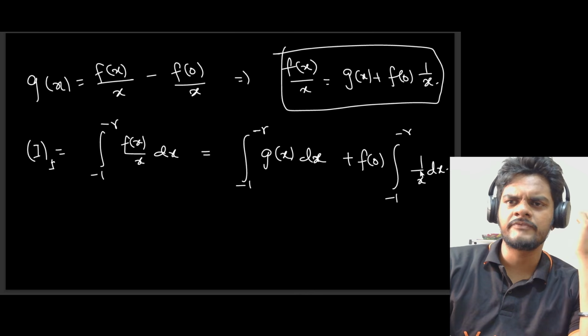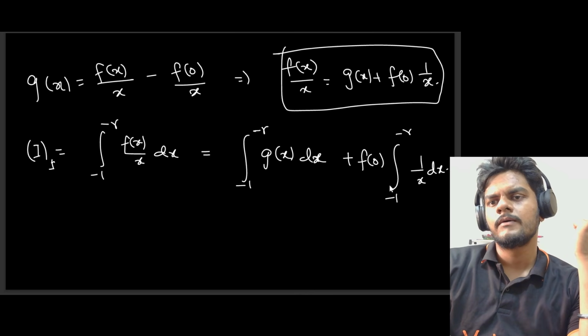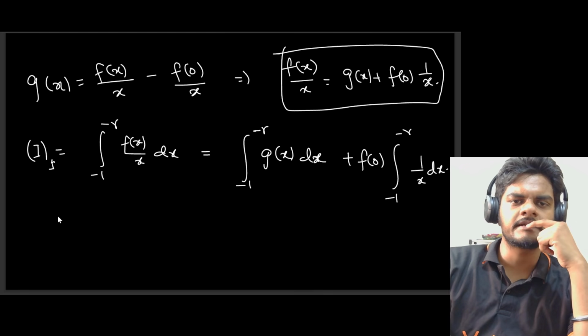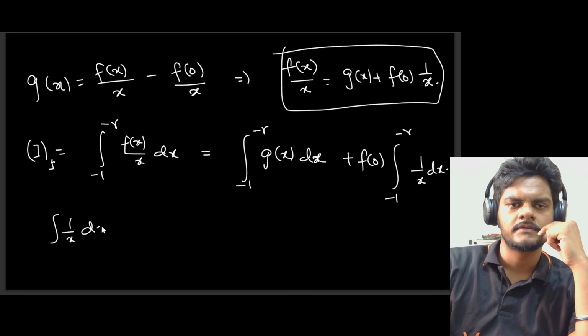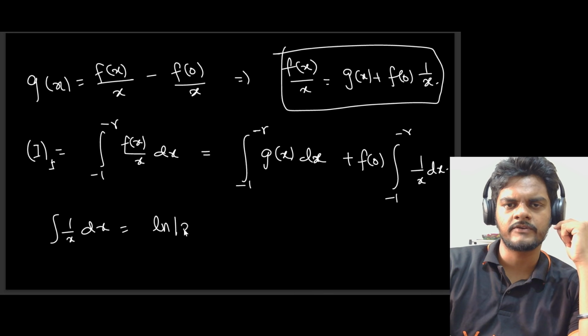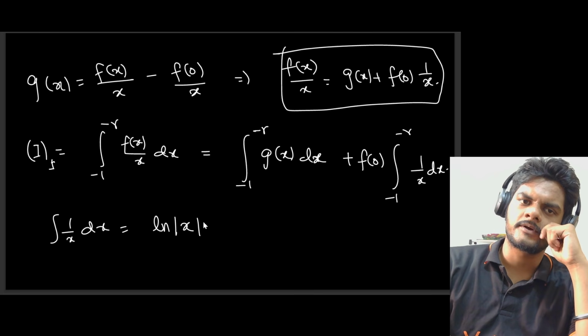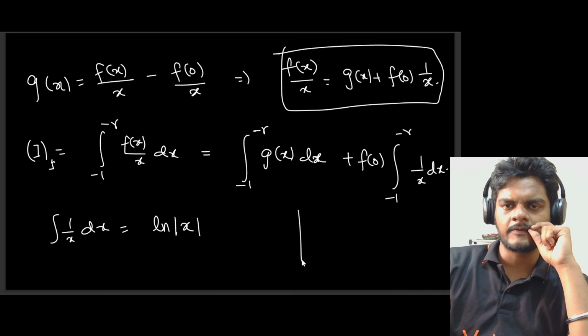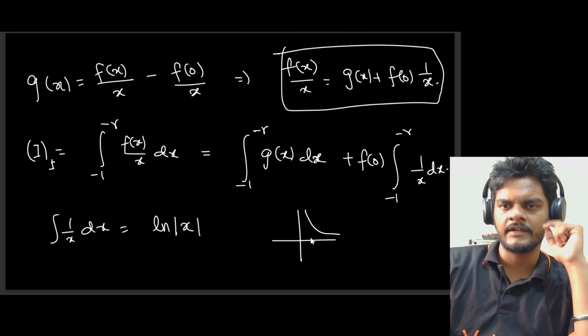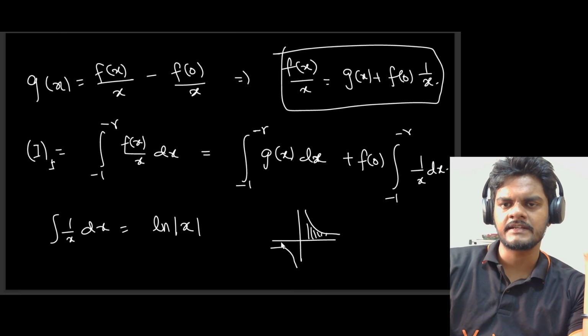And if you remember, the integral of 1 by x is defined to be natural log of mod x. Basically, look at the area. Whenever x is positive, the area is positive, but whenever x is negative, the area is supposed to be negative.